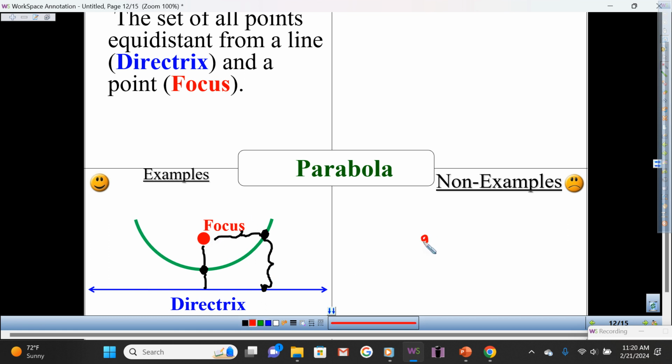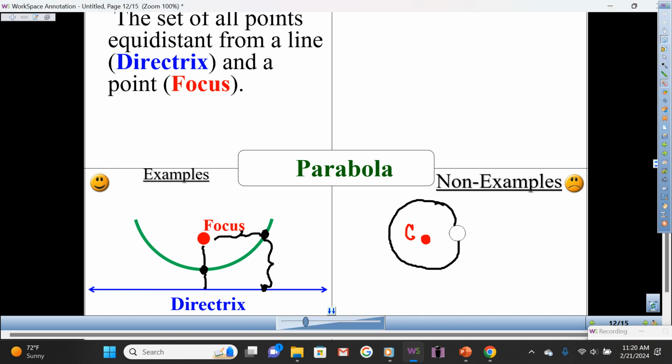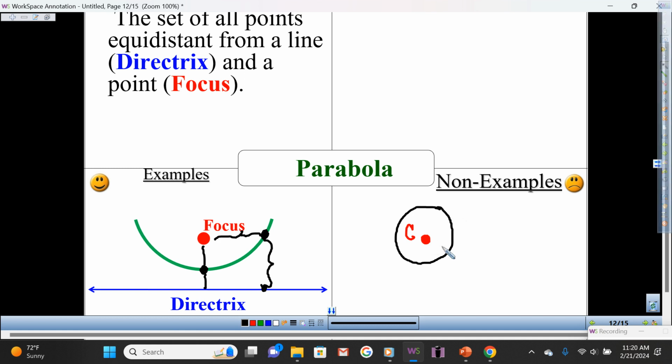Non-example, here it goes. Plot a point, label it C. Kind of crooked, sorry, let me try that again. A little bit better? Yeah. So, remind your neighbor how to form a circle. Tell them the key words. A bunch of points that are equidistant from what?